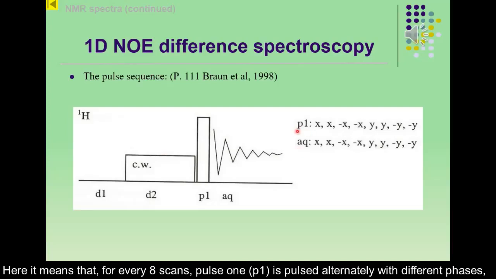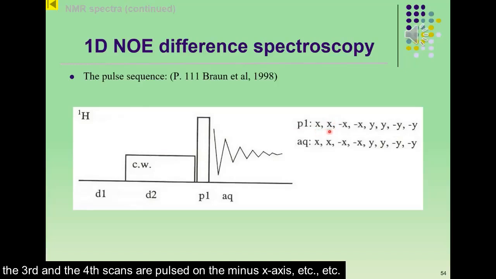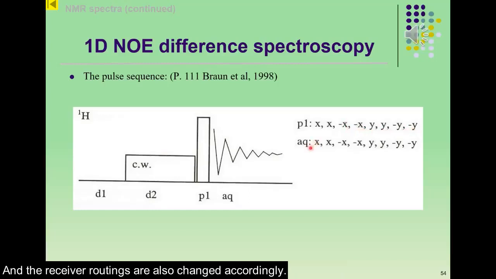Here, it means that for every 8 scans, pulse 1, P1, is pulsed alternately with different phases, i.e., the first 2 scans are pulsed on the x-axis. The third and fourth scans are pulsed on the -x-axis, etc., etc. And the receiver routing is also changed accordingly.